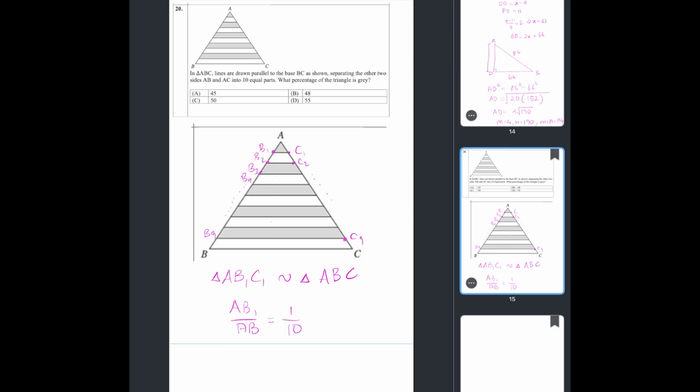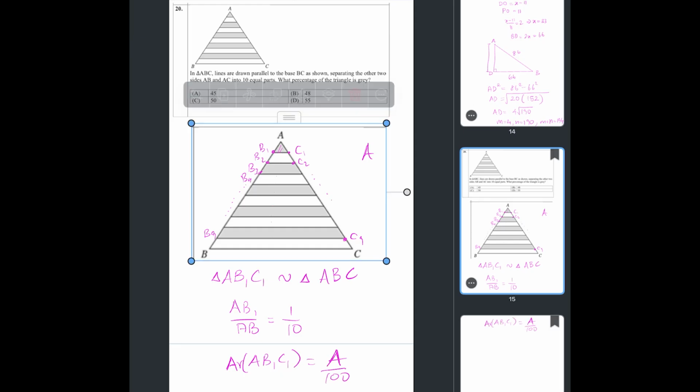So if we take the big triangle to have an area of A, then the smallest triangle will have an area of 1 by 100 A, right? So the area of AB1 C1 equals A by 100.